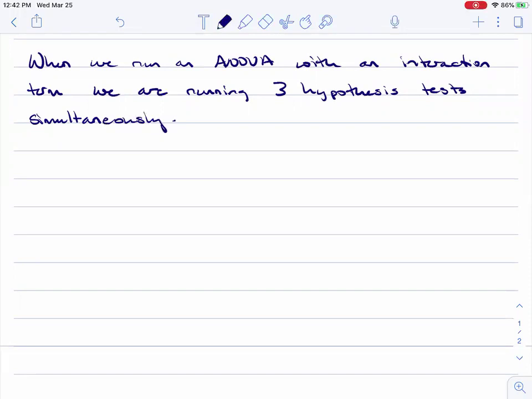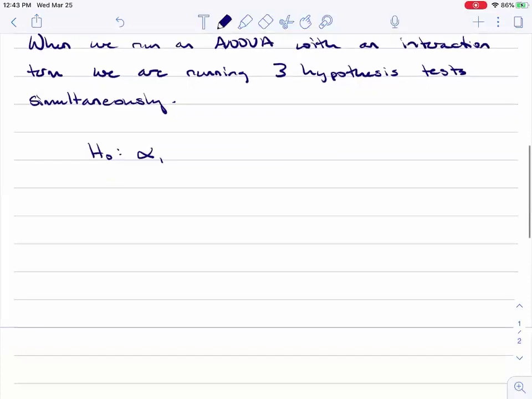Simultaneously. The first one, the null hypothesis, is that, and whether you use alphas or taus, it doesn't matter. I'll use alpha because then we got that nice flow of alpha, beta, gamma. And so alpha 1 equals alpha 2, all the way up to alpha I, if we've got I levels of factor A, and they're all equal to 0.